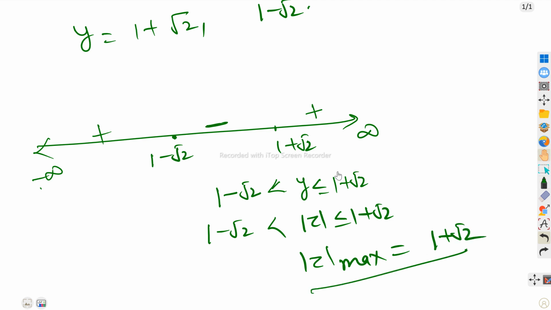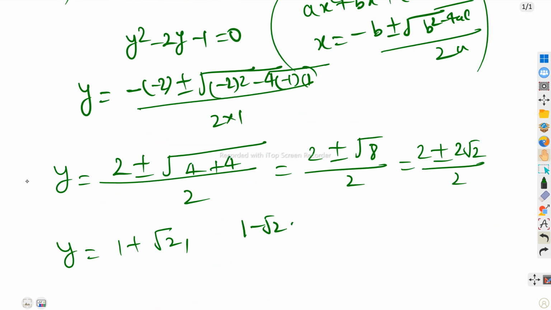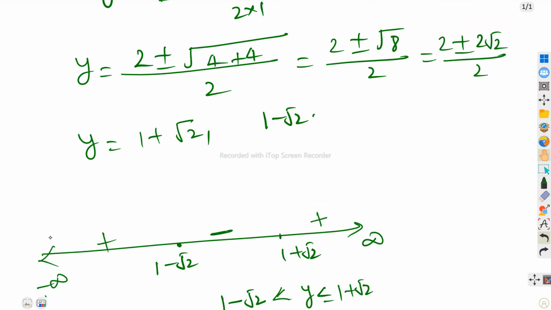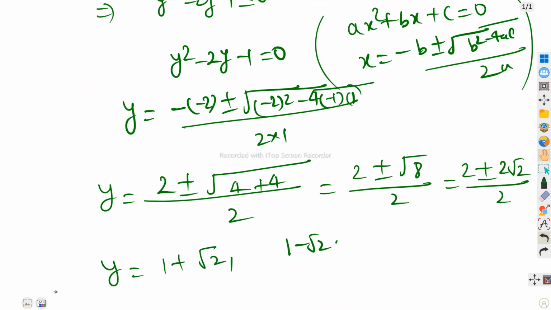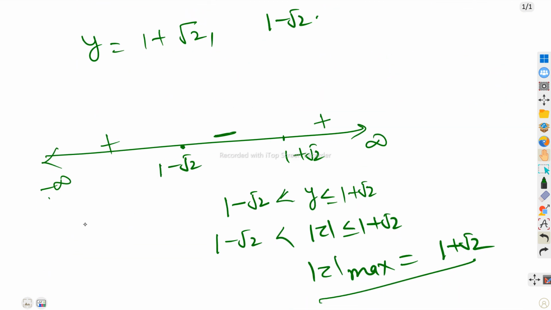But let us discuss why the solution lies between these roots. If you put any number greater than 1 plus root 2, the above expression is positive. If we put y equals 0, then it is negative, so in this interval we put a negative sign. If we put any number less than 1 minus root 2, the quadratic expression becomes positive.